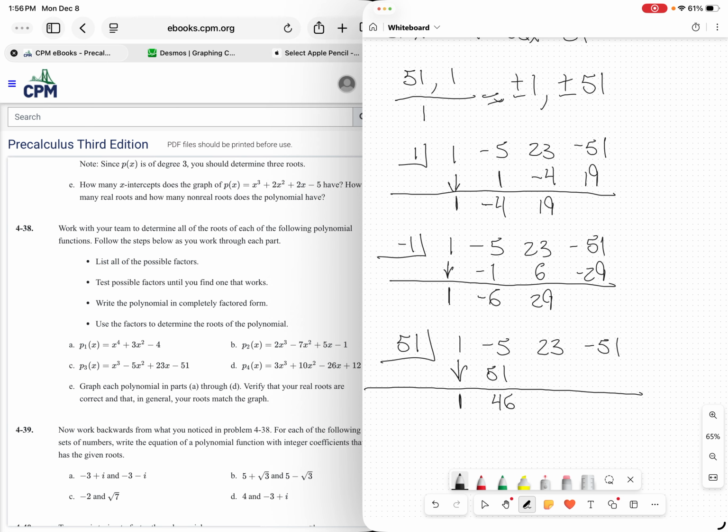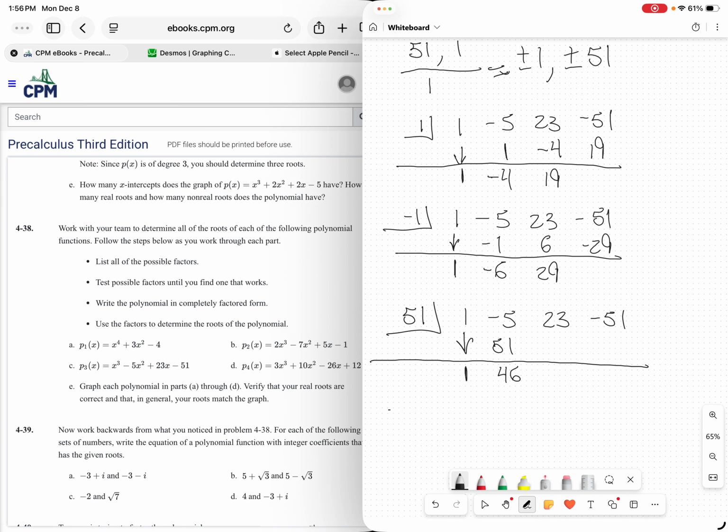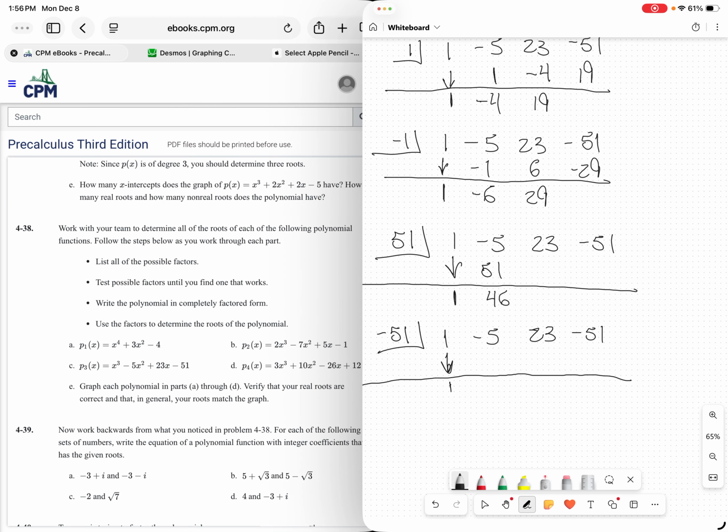Okay. So let's try negative 51. Again, we're going to have a massive number.